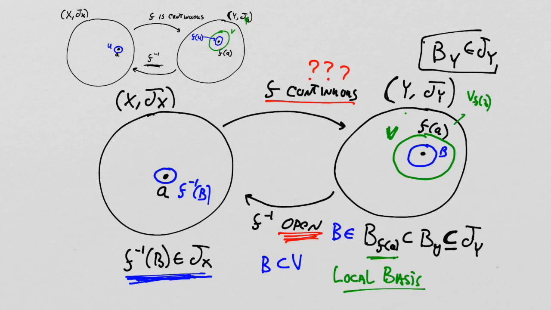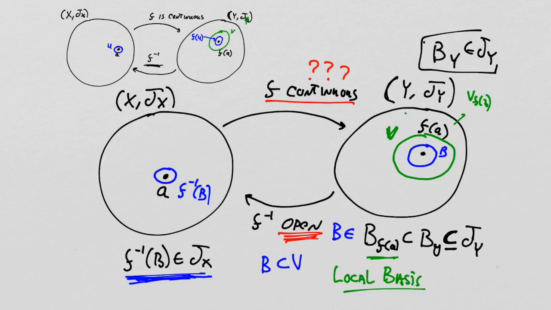But that doesn't necessarily mean the other case is true. It does not mean that open sets in X map to open sets in Y. So you could ask the question, well, wait a minute. If F is continuous, then F inverse is open. Is it also possible that F inverse is continuous?